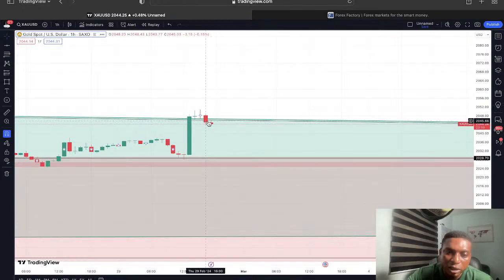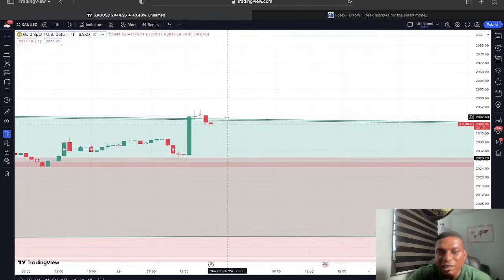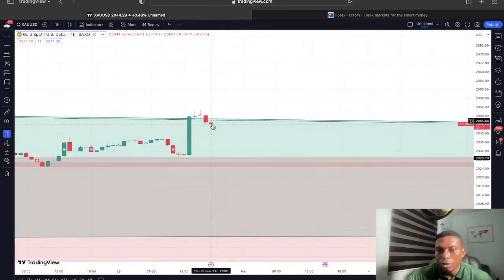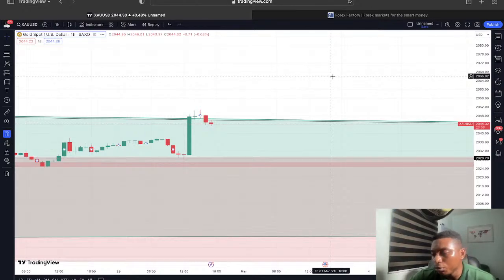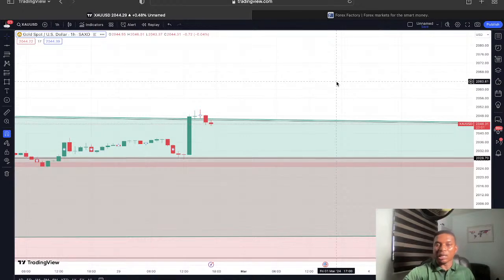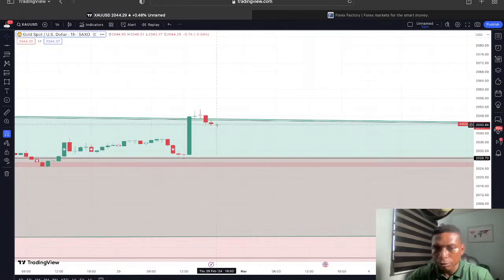If price keeps rallying at this level, then there is a higher tendency that there will be a breakout. But if price pulls back down to this level, there will be a rally here before its continuous upward momentum. And this is how we can position ourselves for profit in the market.